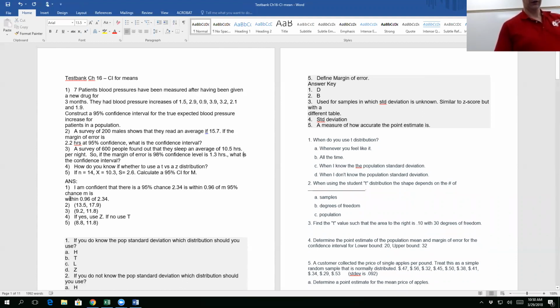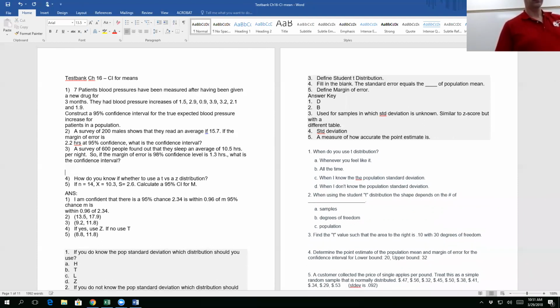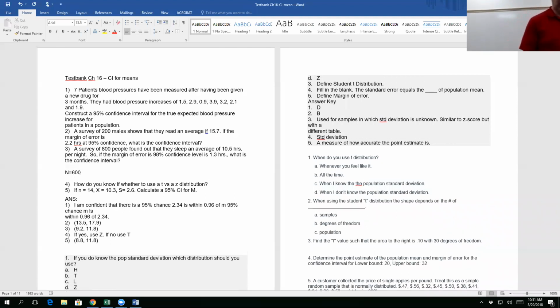Okay, so let's figure this one out, because this is kind of confusing. Your n equals 600, that's what I'm going to pull out first. X bar equals 10.5.